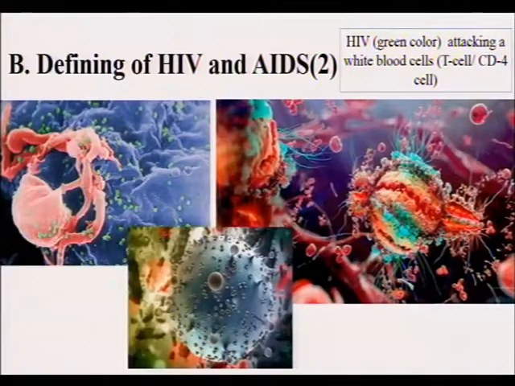The third thing that we're going to look at, which is very important, is that if you look at those pictures, you will see the green ones are actually the HIV particles and your T cells. Your T cells or your CD4 cells are those cells that fight any infection that comes to your body, even if you have a flu.